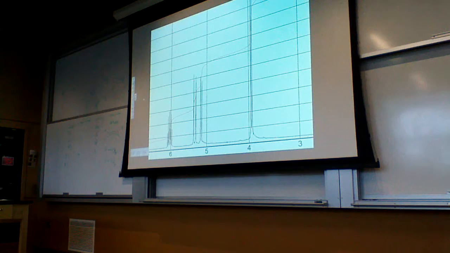So if we were to calculate the units of unsaturation, we've got 2 times 3 plus 2 minus 1 for the Br. So it would be 6, 7. And we subtract off the 5, we get 2 hydrogens that are missing, so our units of unsaturation is 1. So we have 1 unit of unsaturation, which we should be able to identify as an alkene because it is in the 5 to 6 region there for the alkene peaks.